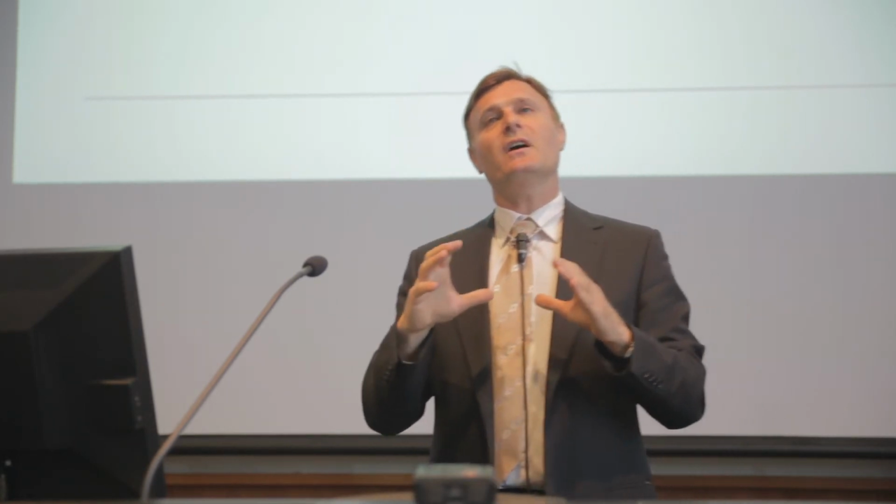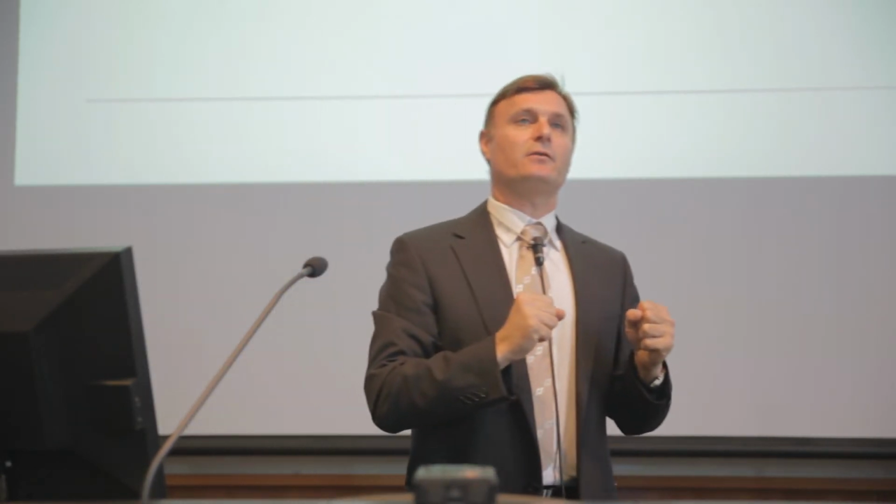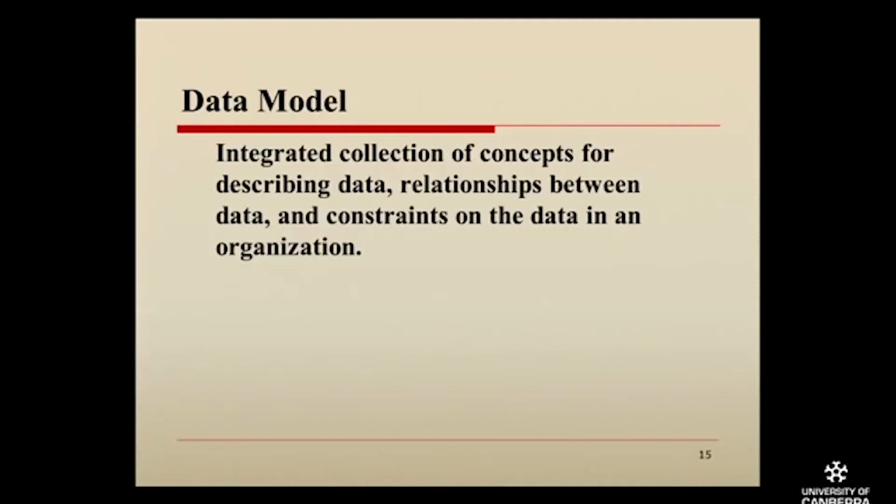To be able to design a database that will have all the data needs of an organization, you need to use a data model. There are different types of data models available. So a data model is a set of concepts that allows you to describe the data that you need.